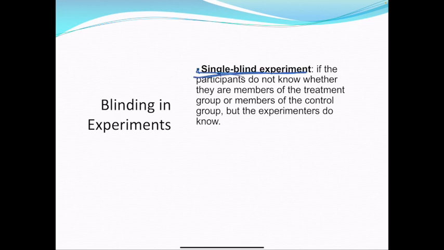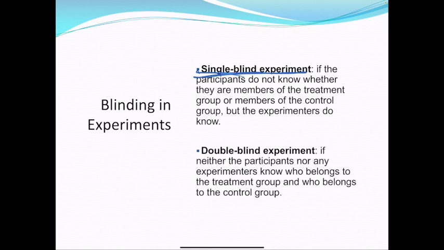All experiments should be single blind. Like you never want your participants to know whether they're getting a real treatment or a placebo. That would ruin the point of your experiment. A double blind experiment is if neither the participants nor the experimenters know who belongs to the treatment group and who belongs to the control group.